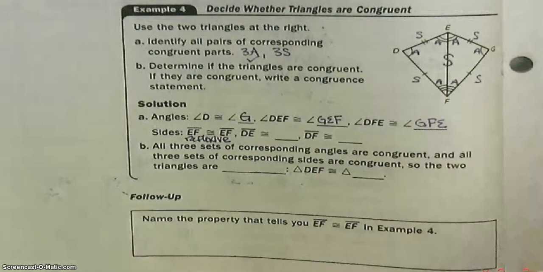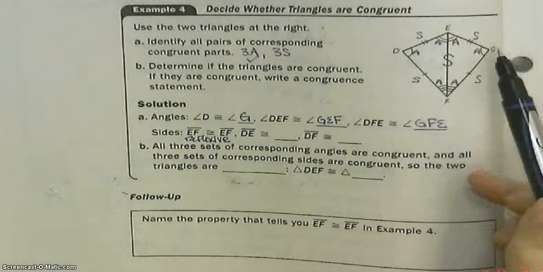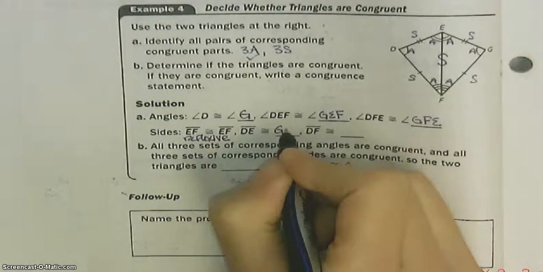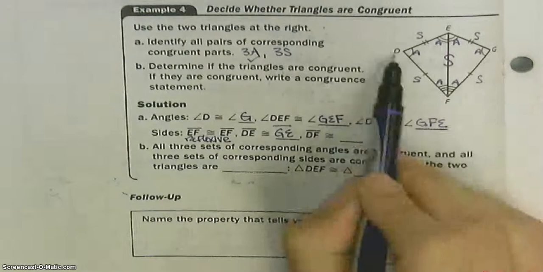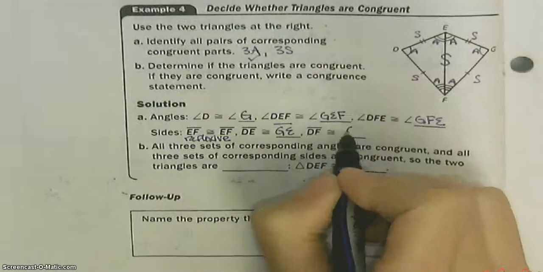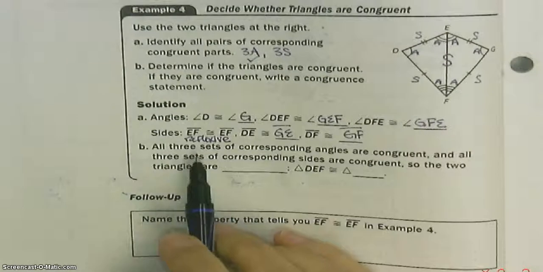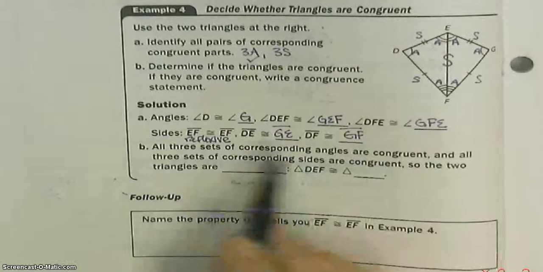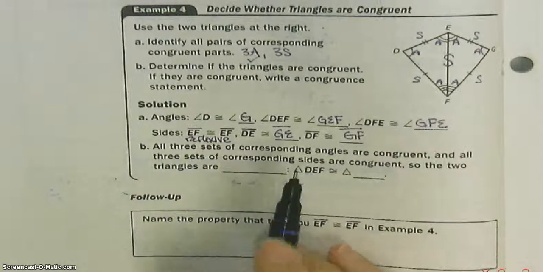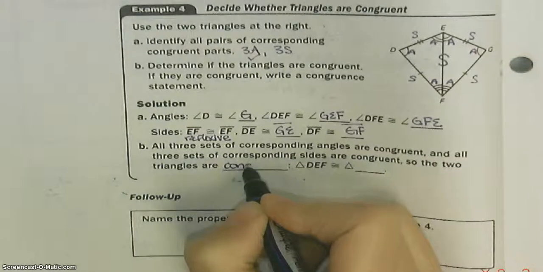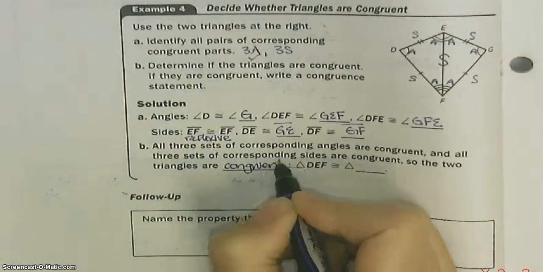Just to remember for you, here's DE is congruent to GE, and DF is congruent to GF. So since we found all three angles and all three sides, the two triangles are congruent. It's a lot to check.